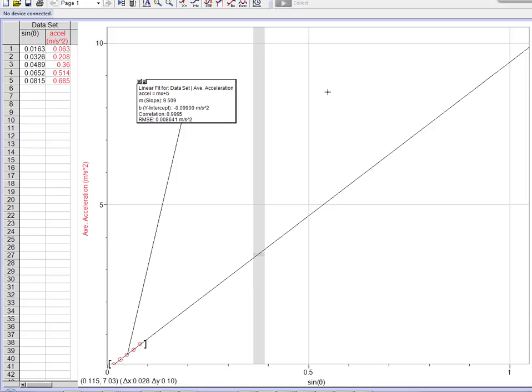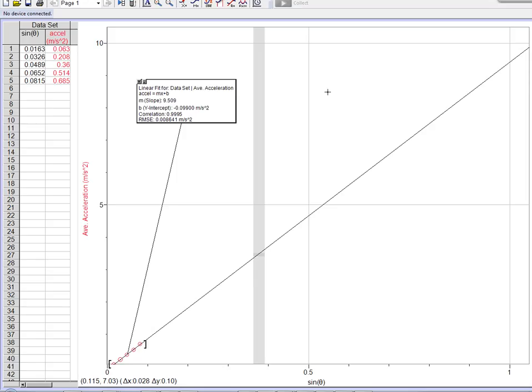Hey, walk in here real quick. I got one more thing I'll show you. I was hoping I'd be able to find that vertical line, but all we've really got to do, if we want to know what the approximate value of the acceleration is, go up to this equation and do what? y equals mx plus b, and put in what value for x? 1.